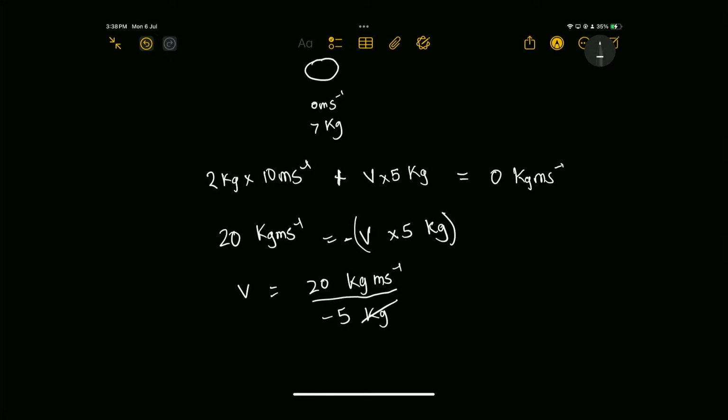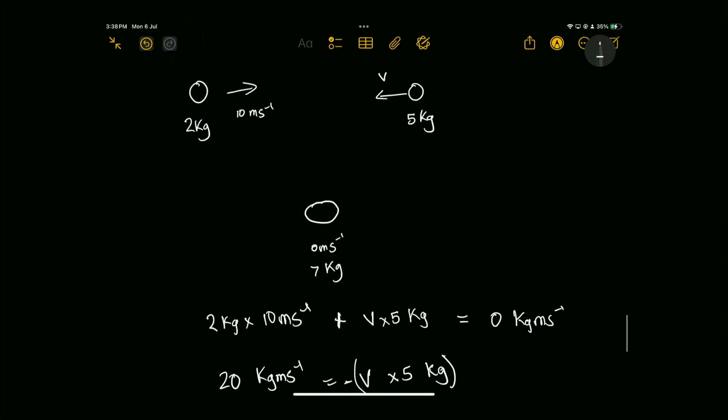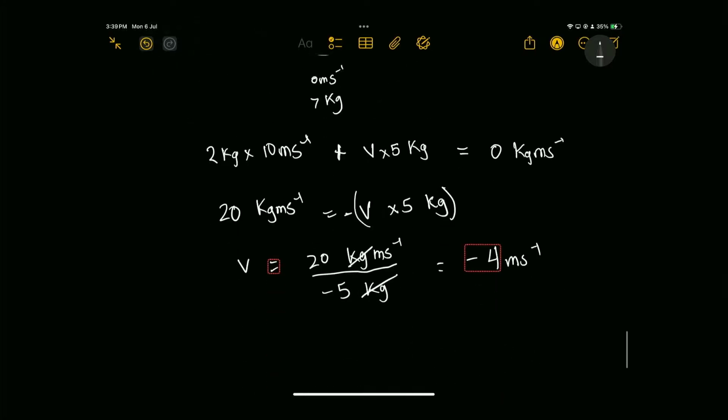This cancels and we get negative 4 meters per second. The velocity is negative because the 5 kilogram ball was initially moving in the opposite direction. That is why we get a negative answer for v.